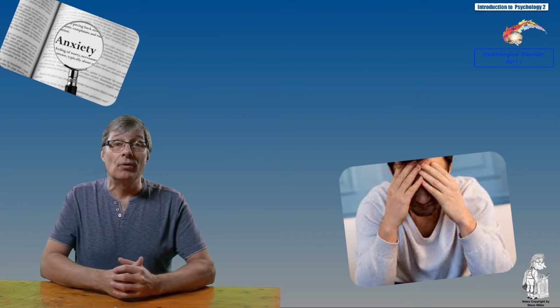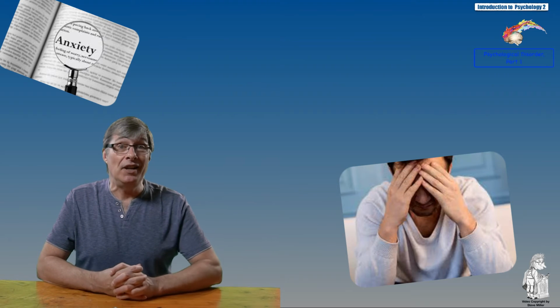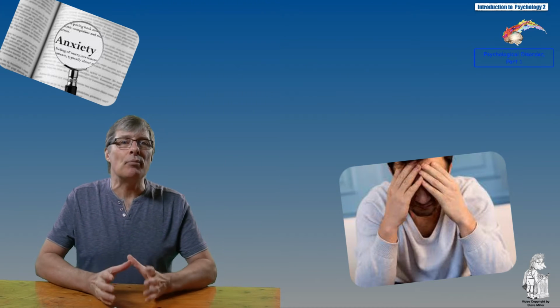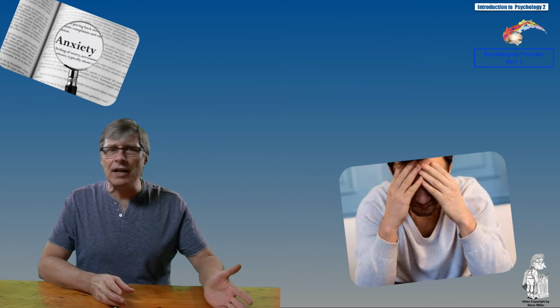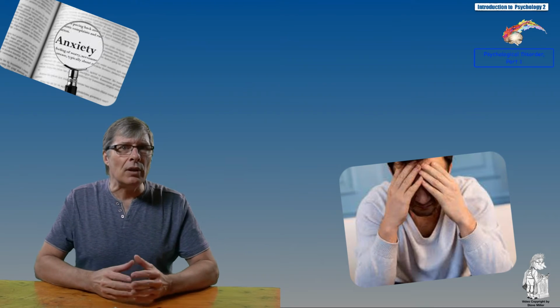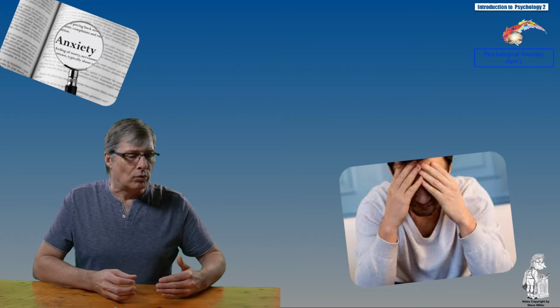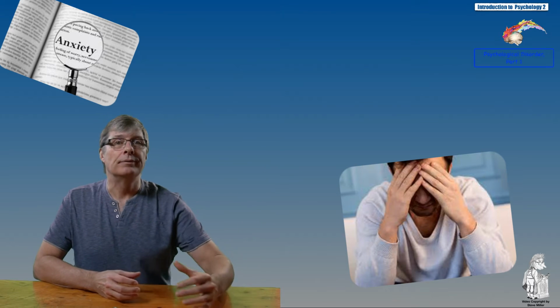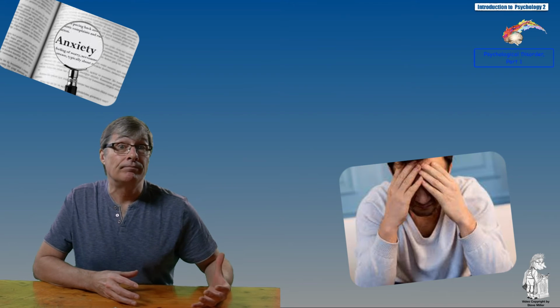Anxiety can also be unhealthy or abnormal if it's inappropriate, not at the right time to a circumstance, or if it's excessive, too high or too long, then it becomes a problem.